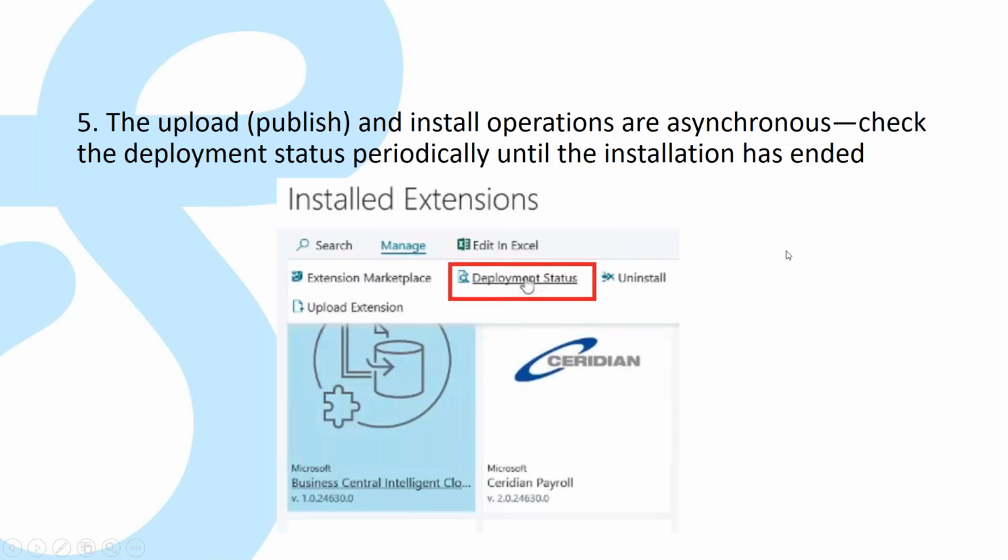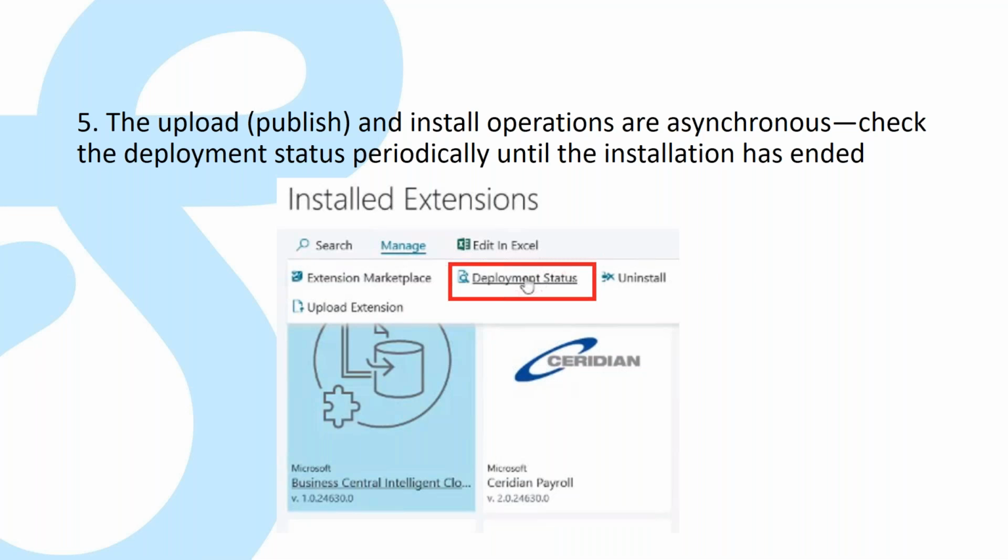The upload and install operations are asynchronous, and you have to check the deployment status periodically until the installation has ended. To check that, you can go to Manage again and click on Deployment Status, and it will show you the status and tell you if it was successful or not. And if it wasn't successful, it will give you the error message.